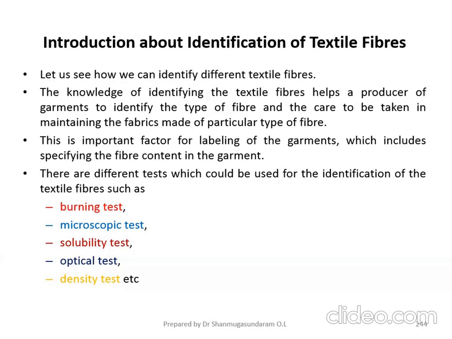Okay. So now let us see how we can identify the different textile fibers. First, the knowledge of identifying the textile fibers helps a producer of garments to identify the type of fiber and the care to be taken in maintaining the fabrics made of a particular type of fiber.